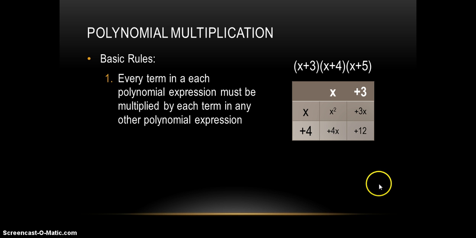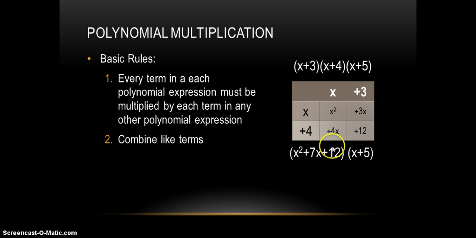So you can see I'm going to multiply this x times both the x and the positive 4. I get an x squared and a 4x. Then I'm going to multiply the plus 3 times the same x and the plus 4, and I'll get a positive 3x, a positive 12, and then I just need to combine the like terms.